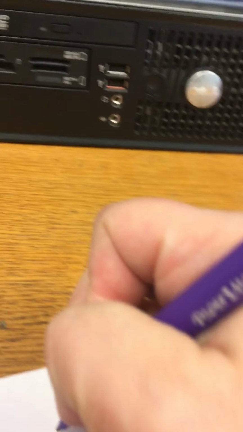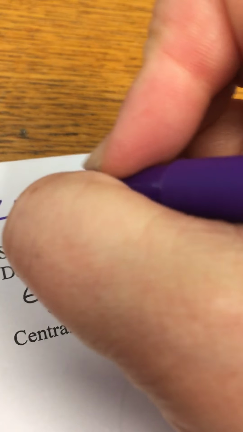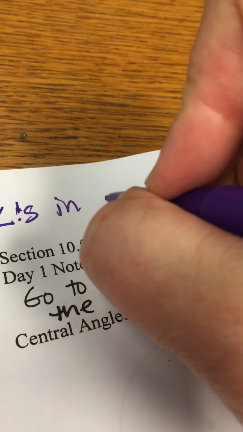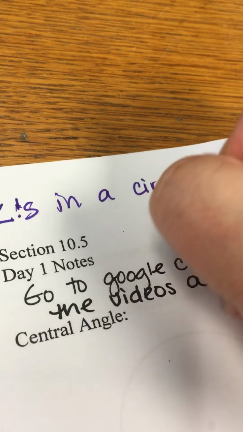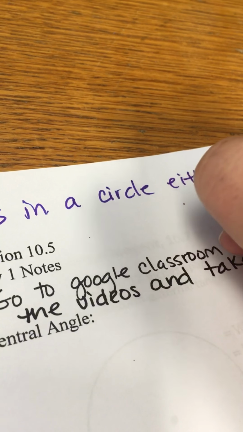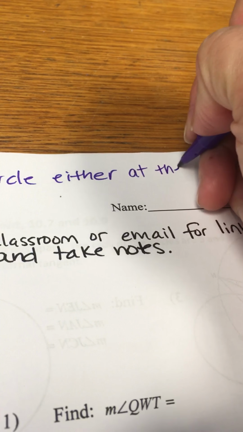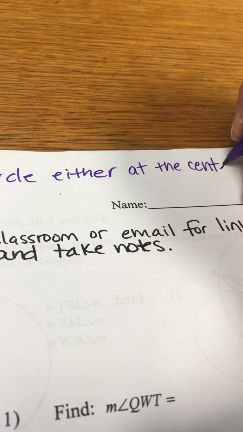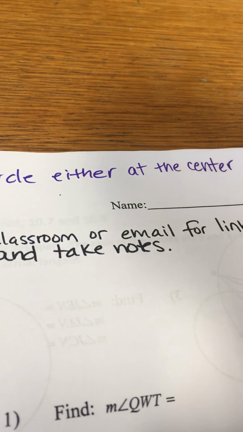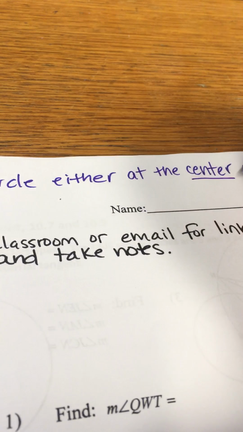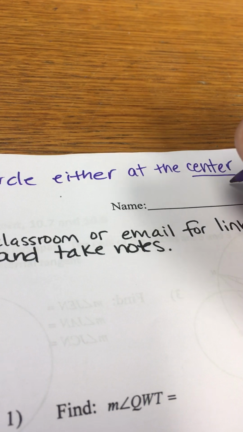So today's focus for 10.5 are angles in a circle, either at the center, so the angle is actually made at the center of the circle, or on the edge of the circle.